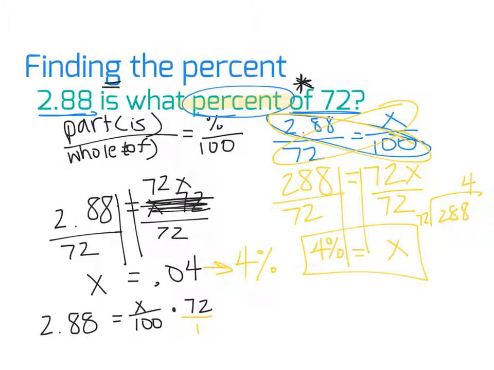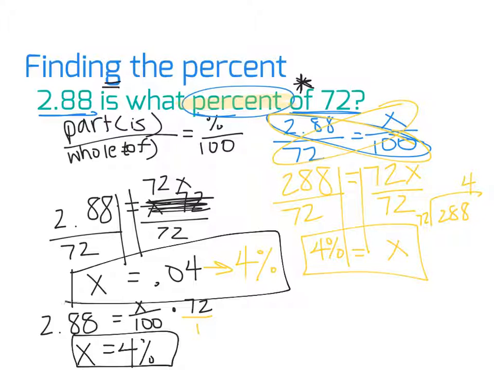If you wanted to, you could cross-simplify these two things. Or you could just go ahead and work through this problem. If you're not sure how to work through this problem, you can ask me and I'm happy to walk through it with you. But just know that if you do it this way, you're going to come out with x equals 4% right away. So either one of these would work.